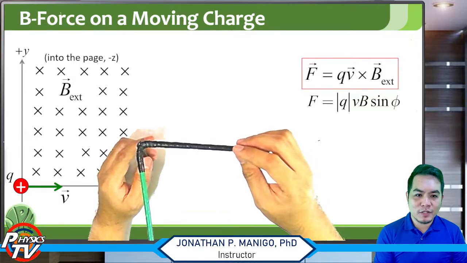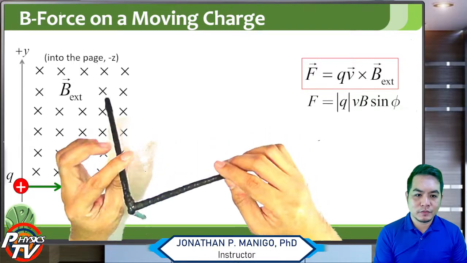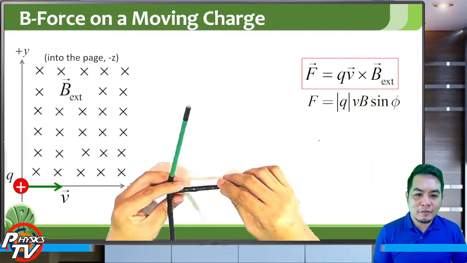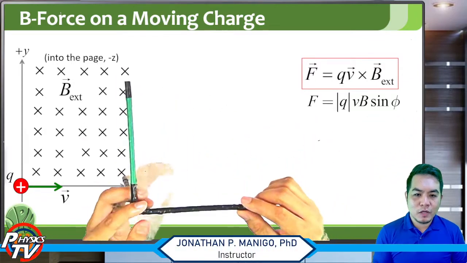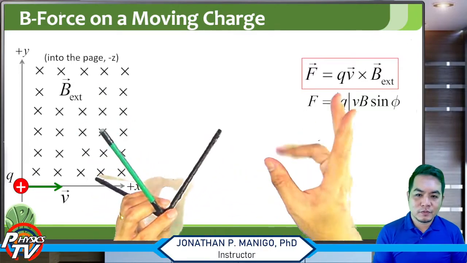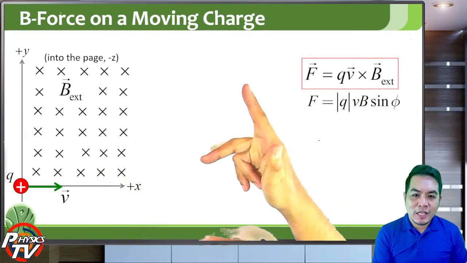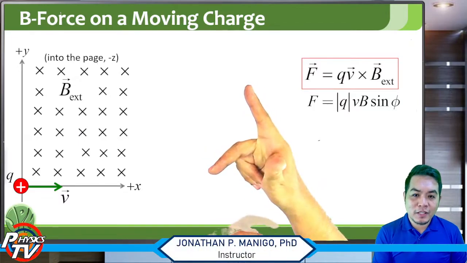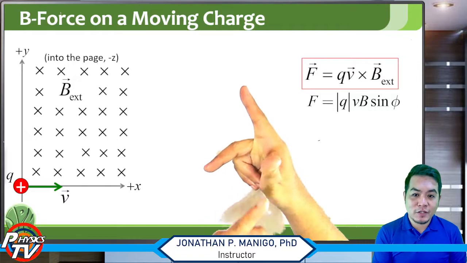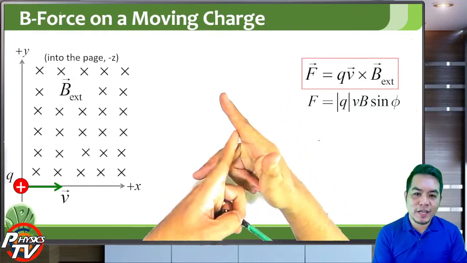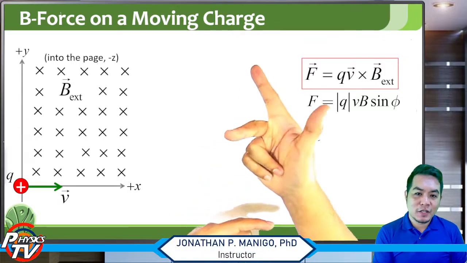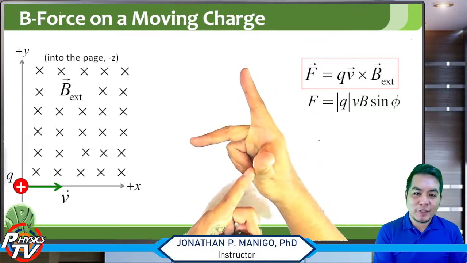So v cross B. The velocity here will be your first vector. If you use the right hand rule, the velocity is your pointing finger, the magnetic field is your middle finger, and v cross B, the force, is your thumb. So this is v, your pointing finger, the first vector, B, the magnetic field, your middle finger, and v cross B is your thumb.